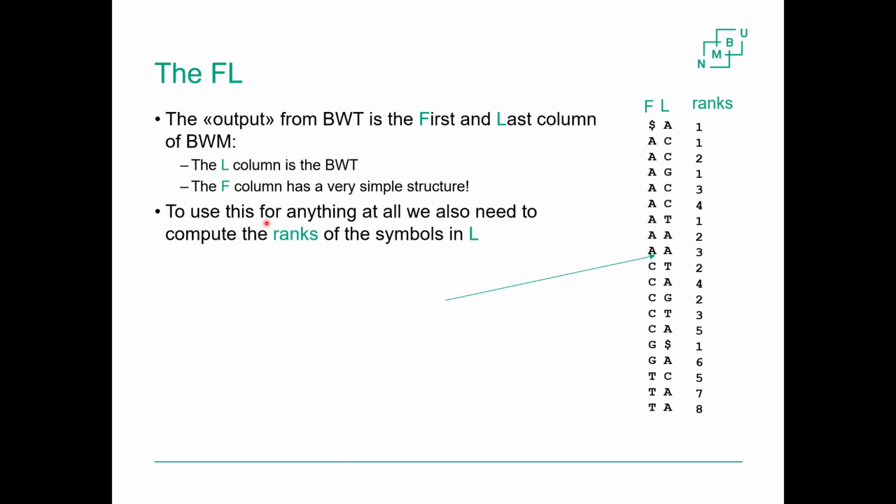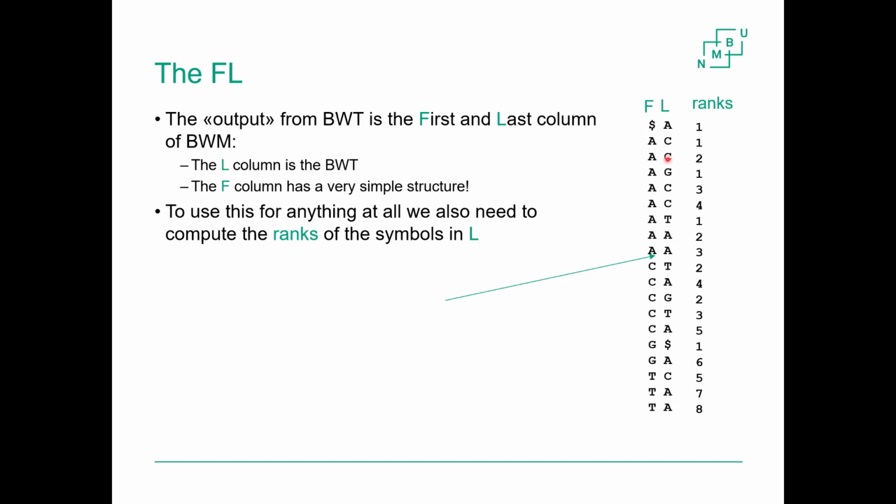To use this for anything, we also need to compute ranks, and that's what you see in this third column here. What do we mean by rank? Well, we simply go through the Burroughs-Wheeler transform, the L column, and we count how many times we see each symbol. So A, this is the first time we see an A. So this is rank 1, right? For A's. This is the first occurrence of a C. It has also rank 1.